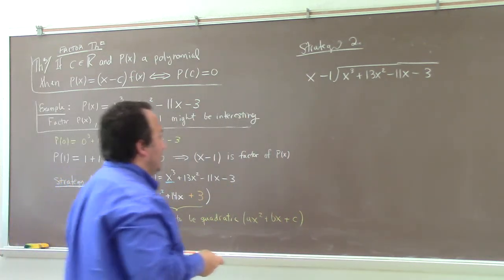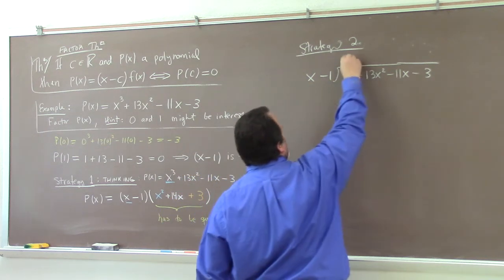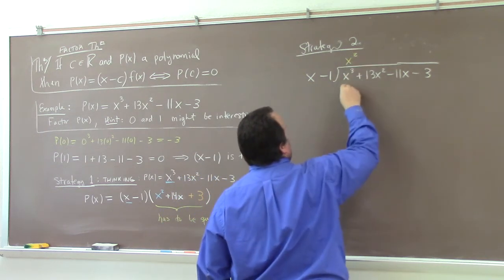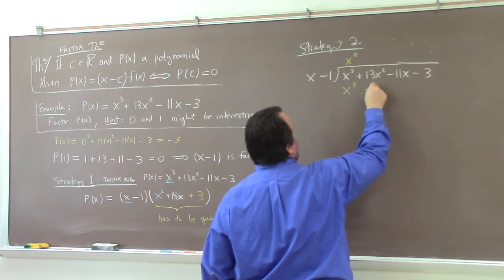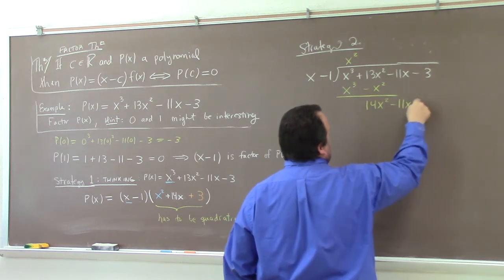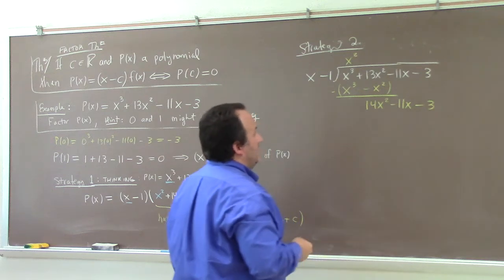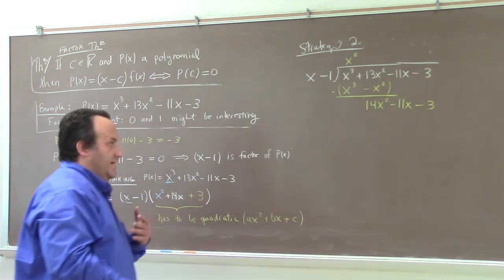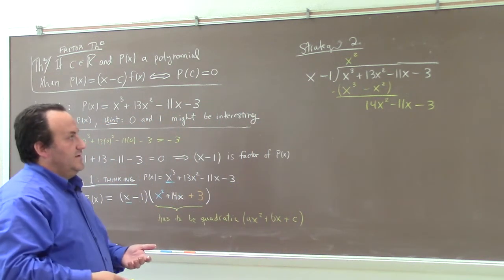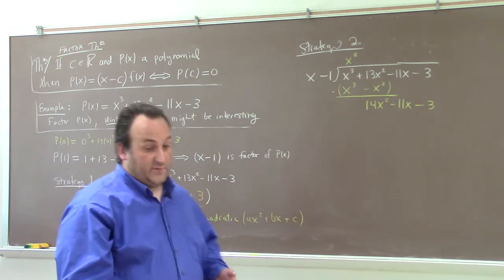Right, so I get myself an x squared. That brings down x cubed minus x squared, which brings me to 14x squared minus 11x minus 3. Right? And okay, so then I've got a 14x squared I've got to get rid of.